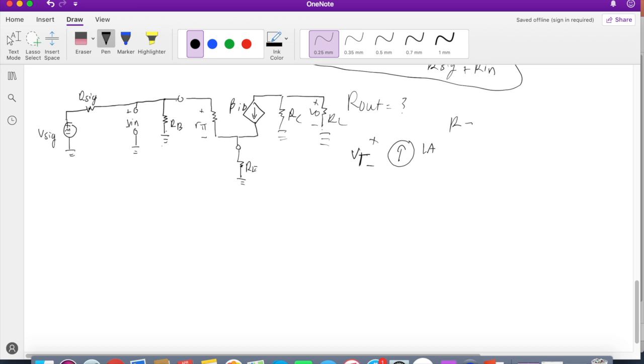Remember, resistance equals voltage over current, so this is simply going to be equal to the voltage across here, because anything divided by 1 is just itself, right? So let's replace this terminal here with the 1 amp current source, which has a voltage VT.